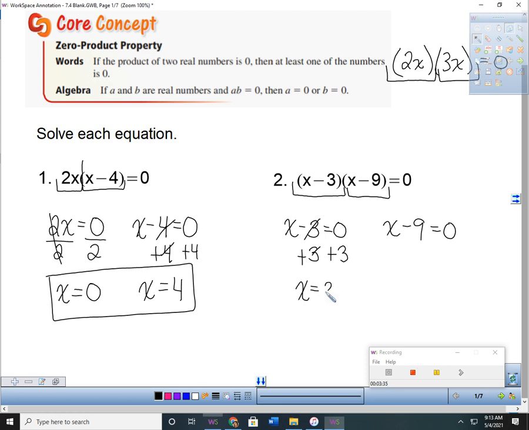So I know that if I plug 3 in here, 3 minus 3 is 0 times the x minus 9 would still be 0, right? It makes this equation true. Same thing here. I'm going to add the 9. So when I plug 9 in, 9 minus 9 is 0, and that makes this whole equation equal to 0.